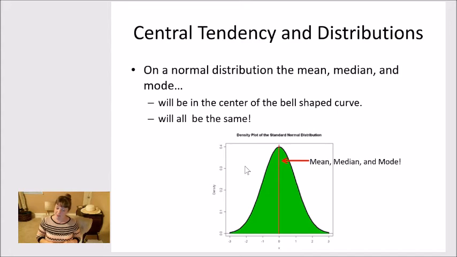Now, at this point, I want to combine our discussion from distributions with our discussion of central tendency, right? So let's dust off our brain and remember our discussion of distributions. And we learned about the normal distribution.